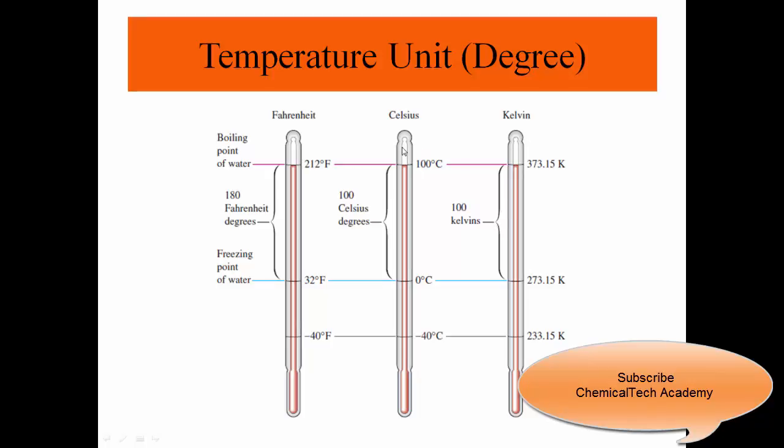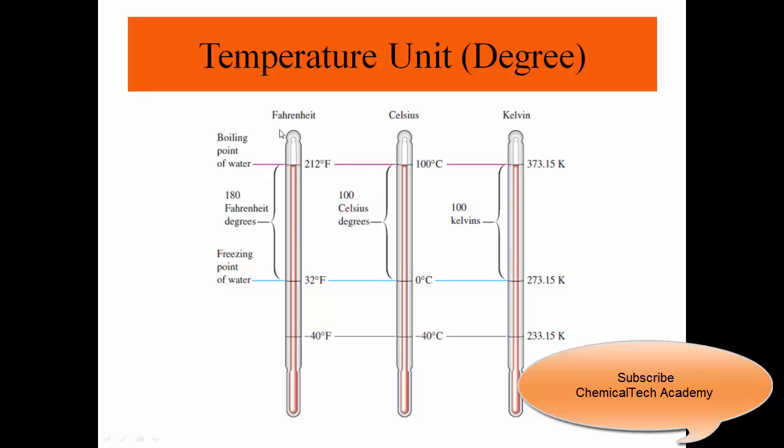So we can say that the size of the degree in Celsius and Kelvin scales are equal, because here we have 100 degrees and here we have 100 degrees. So the magnitude of the temperature unit for the Celsius scale and Kelvin scale are equal.